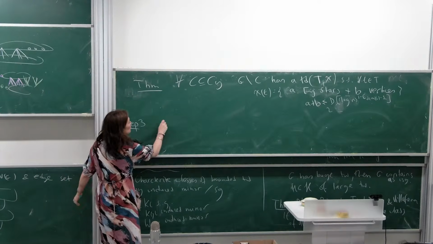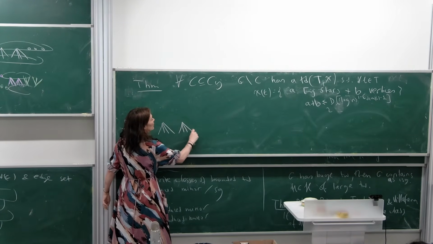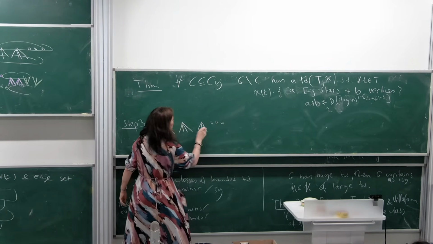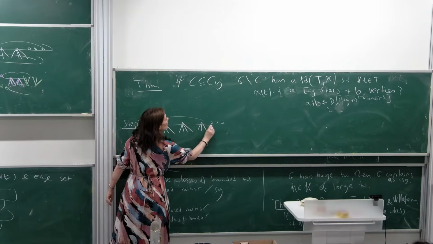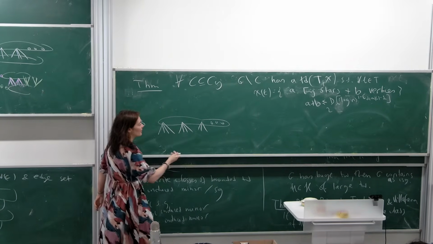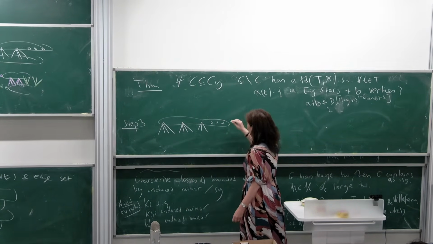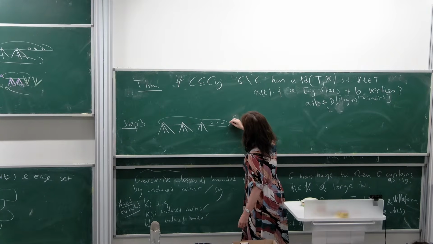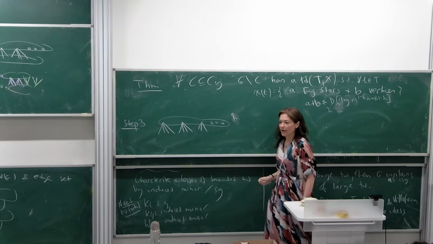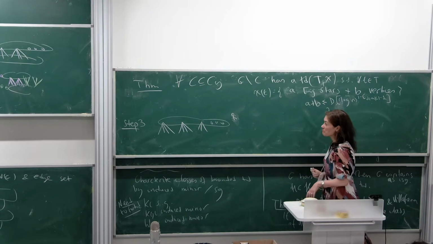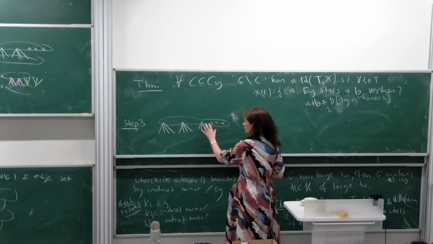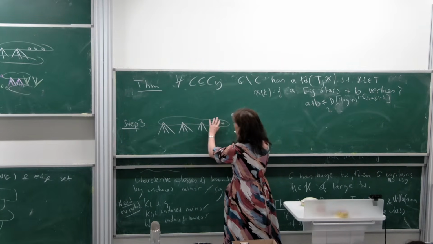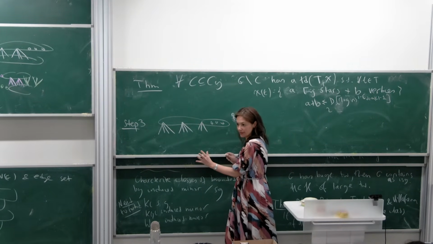Right? So I can pull out a bag that looks like this. And this is small, and I call this number R. Okay, so let me delete from the graph this set.